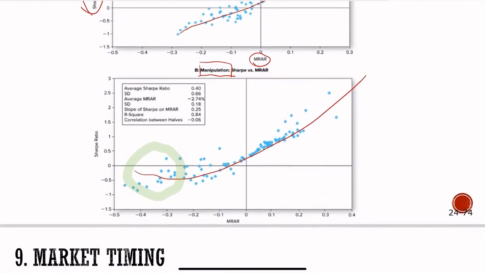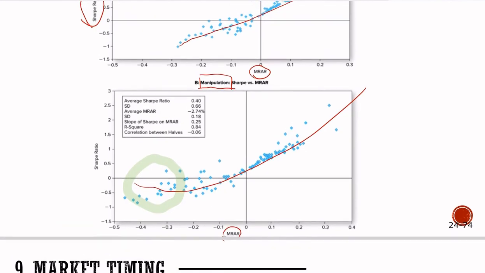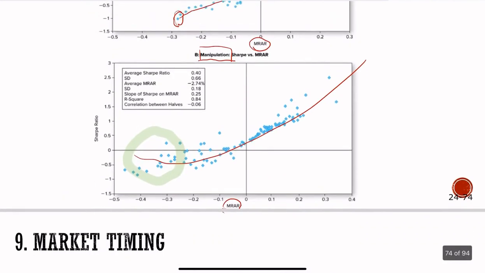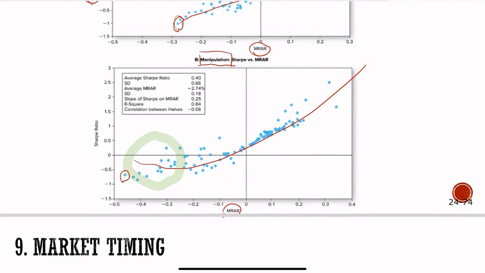However, you can see that their Morningstar measure was actually much lower, right? Because here, without manipulation, the lowest Morningstar measure is about minus 0.3. But here, the lowest Morningstar measure is about minus 0.45, right?